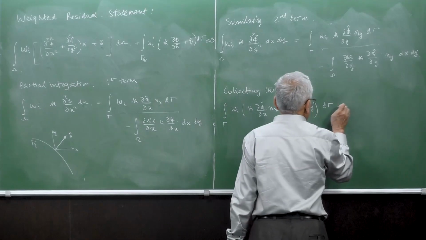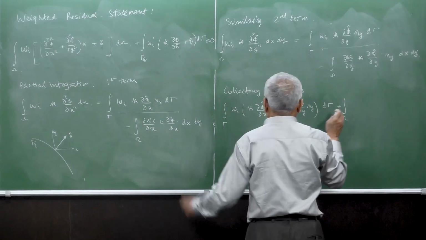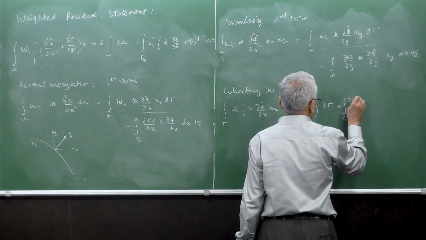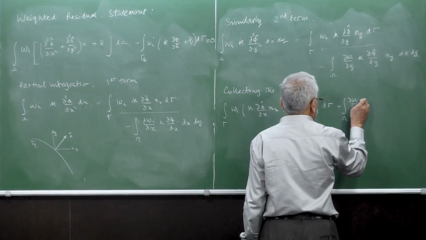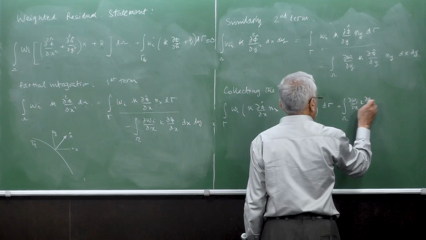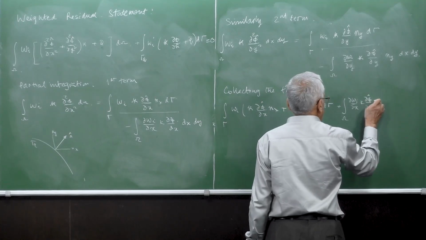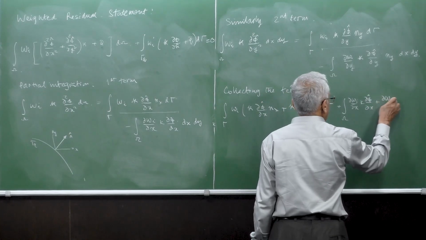Then we have a term on Ω, which is ∂W/∂x k ∂φ/∂x plus a similar term here.